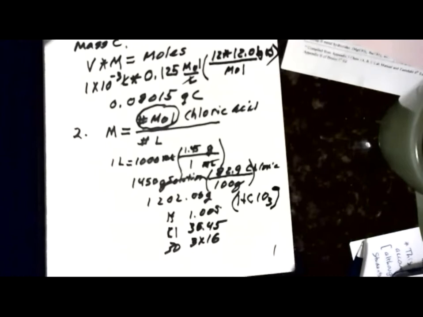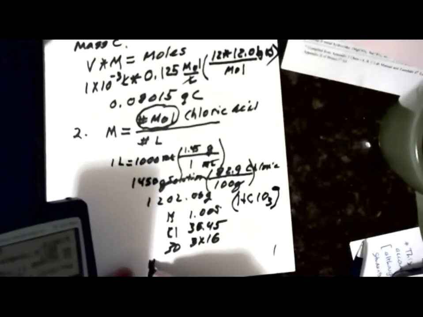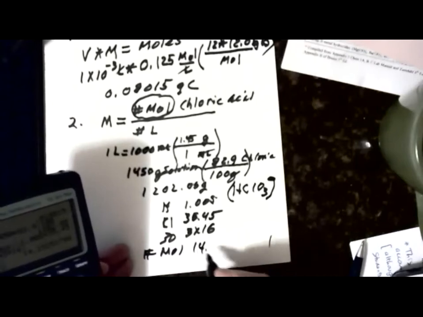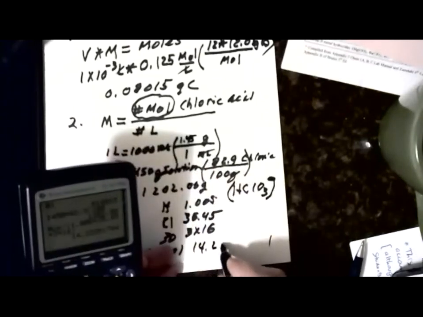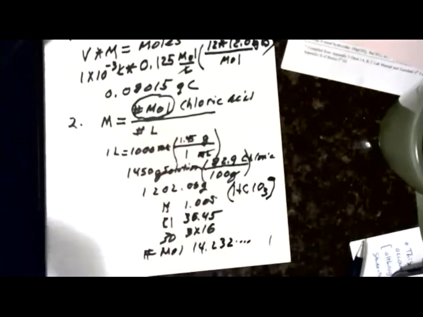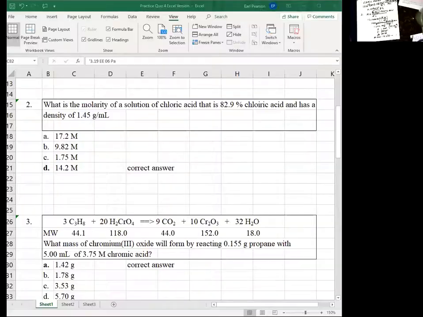So the number of moles is 14.232 and a whole bunch of other digits. And if we go back to our share screen, you can look again and we'll see if that's what we got. And there you go, 14.2 molar is the correct answer.